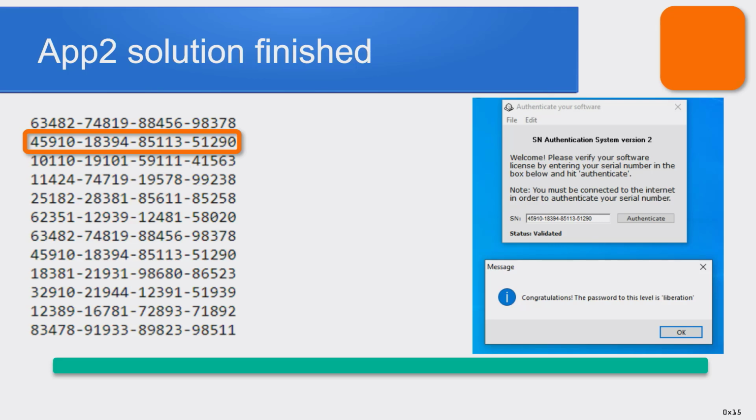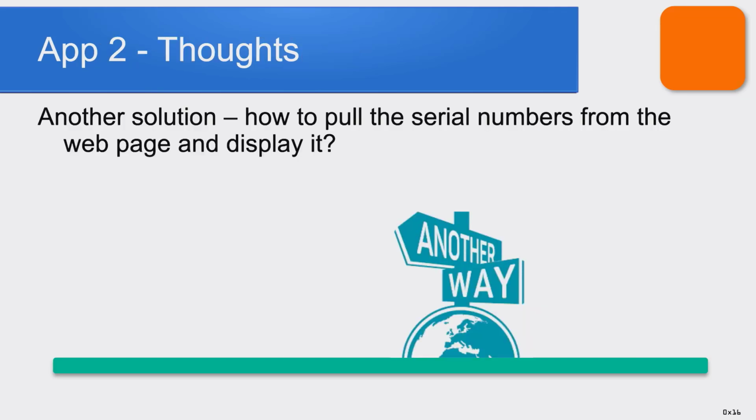And so there you go. So then the solution, and you should be able to take any of these serial numbers and put it in. I just decided on 45910. So I take all of this in and I get congratulations. Right? So that's app 2 finished.